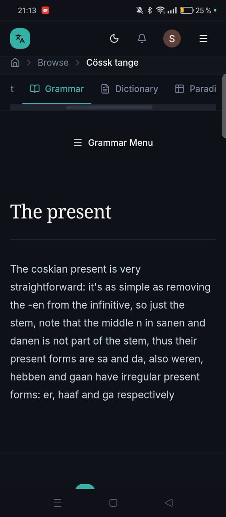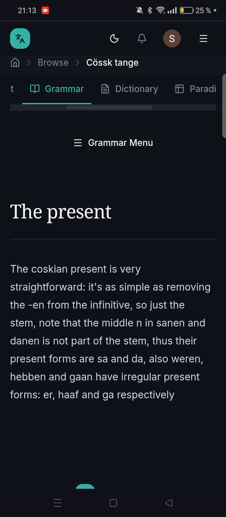I put gan here not necessarily because it's irregular, but because the ending is irregular, so it would be a bit unpredictable, since there's no n to remove. You could say you're removing an, technically. Well, that doesn't matter. The thing is knowing it, okay?